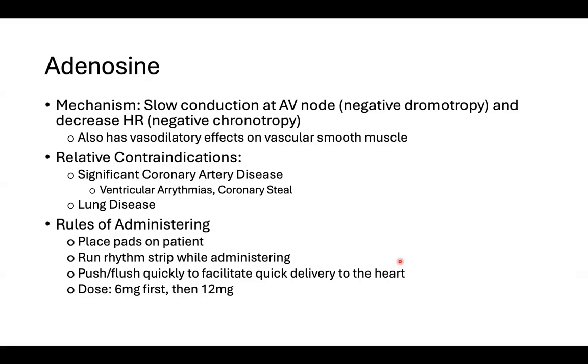And so making sure that you, and have nursing as well, push and flush this very quickly, as well as raising the arm up so that it gets to the heart before the half-life has expired. And then from just a dosing standpoint, you could trial 6 milligrams first and then go to 12 milligrams.